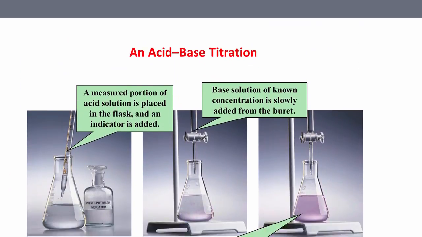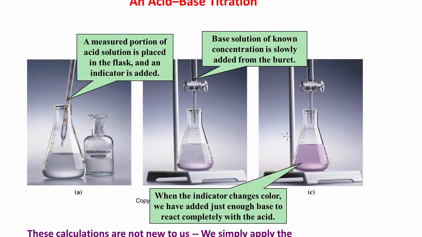Okay, here's an acid-base titration setup. Let's say you're doing an acid-base titration. There are different types of titrations, by the way. There are redox titrations, precipitation titrations, and so on.